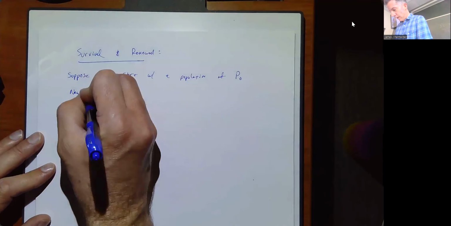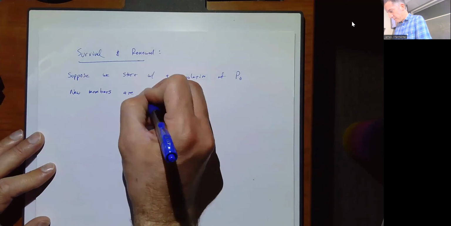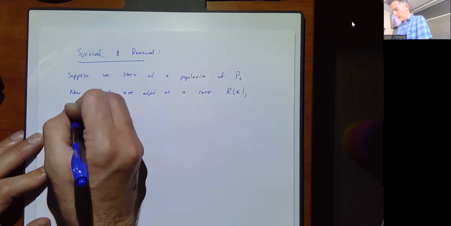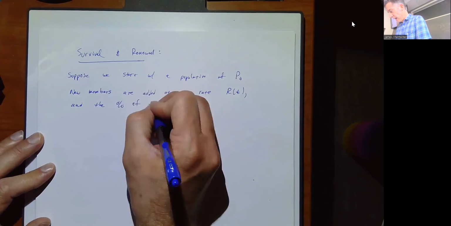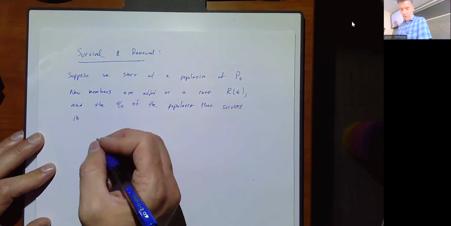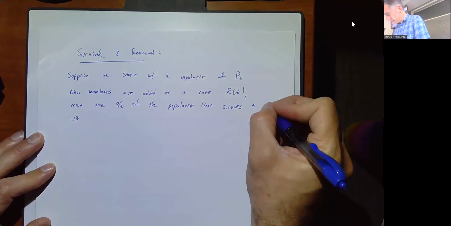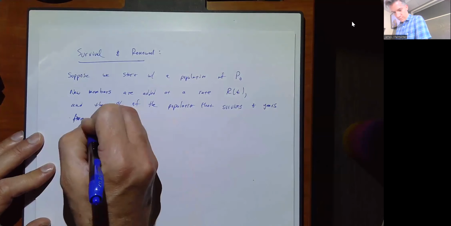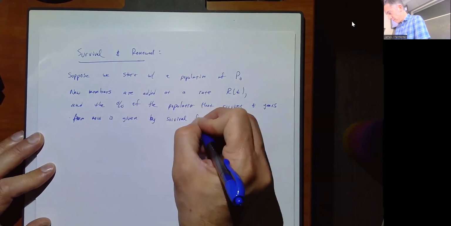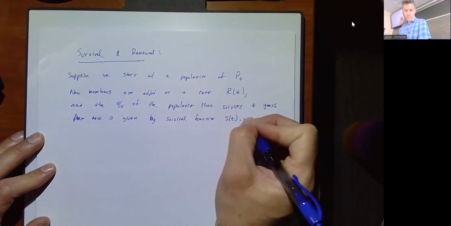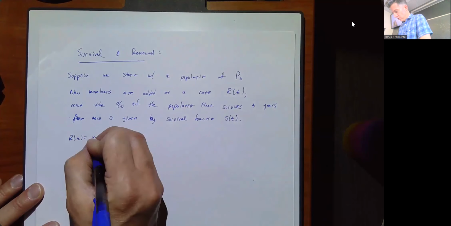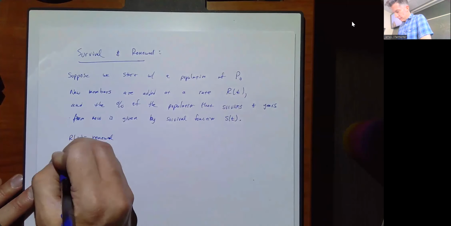New members of the population are added at a rate of capital R of T. And the percent of the population that survives T years from now is given by the survival function S of T. So R of T is the renewal, and S of T is the survival.